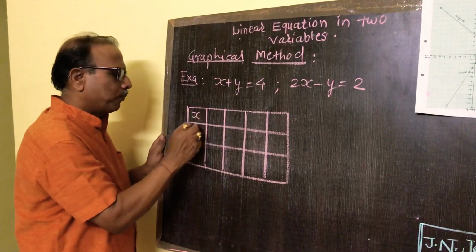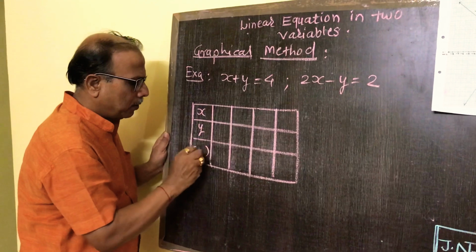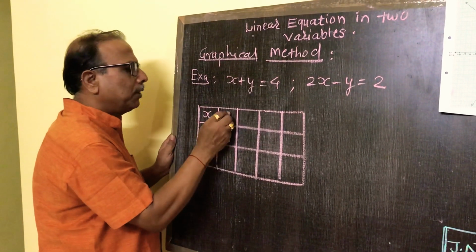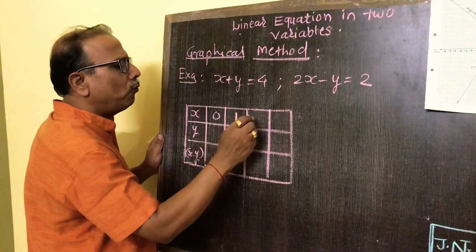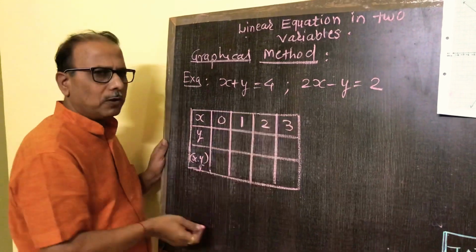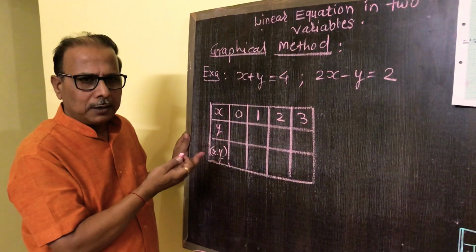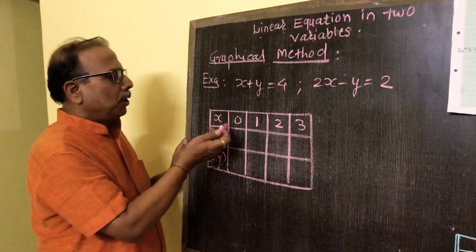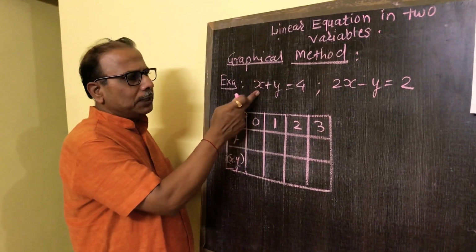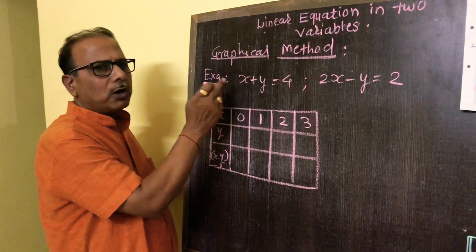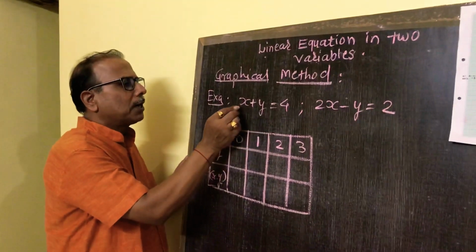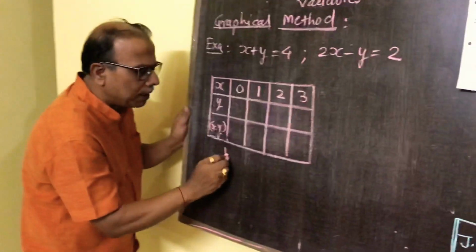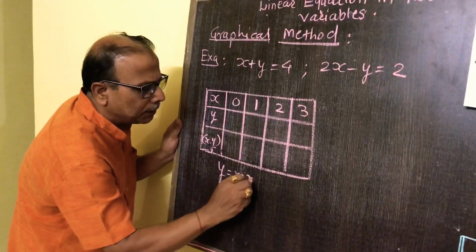So here we are taking the values of x: 0, 1, 2, 3. Other values can also be taken. For our convenience, we can convert this equation into the form y is equal to mx plus c.